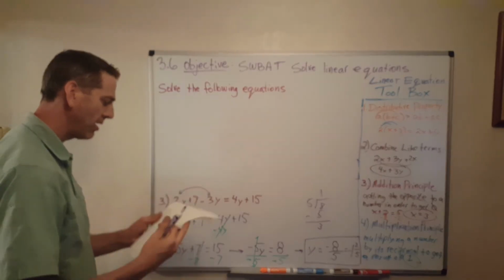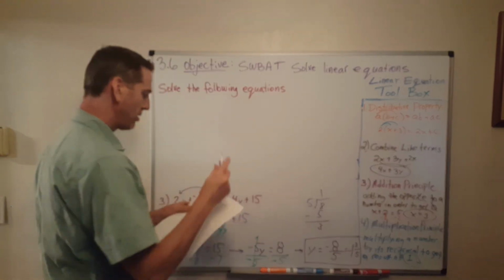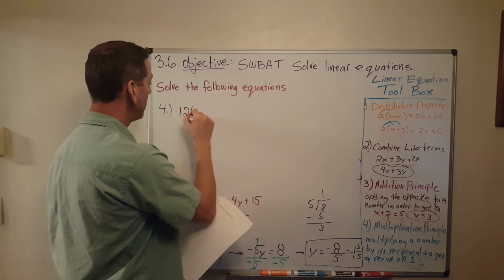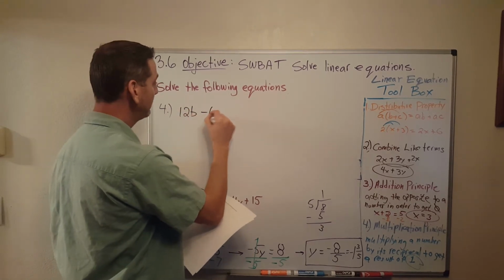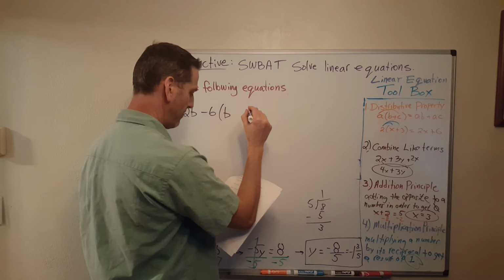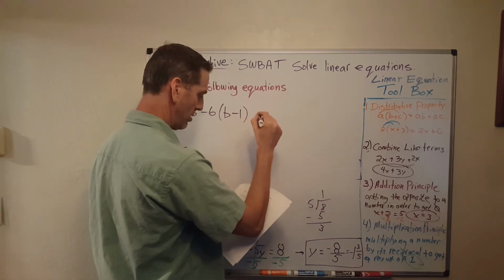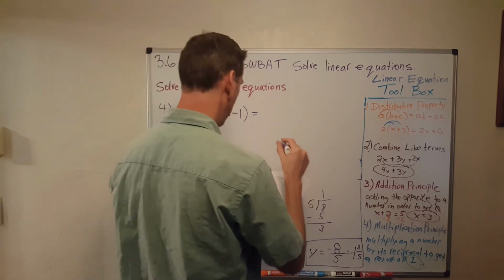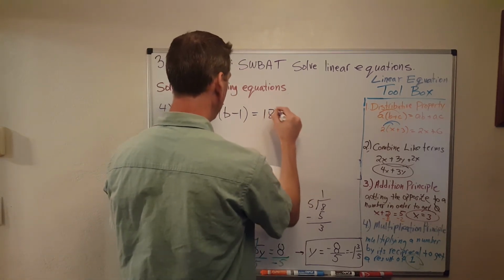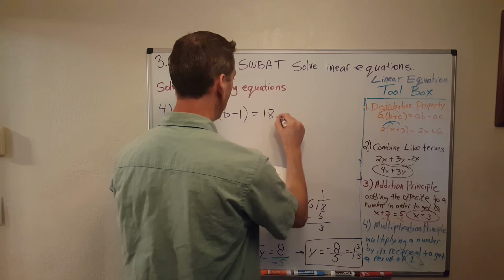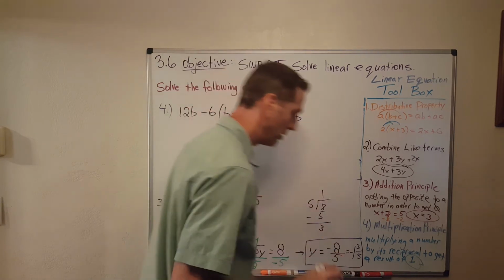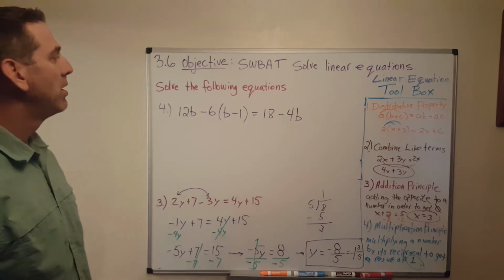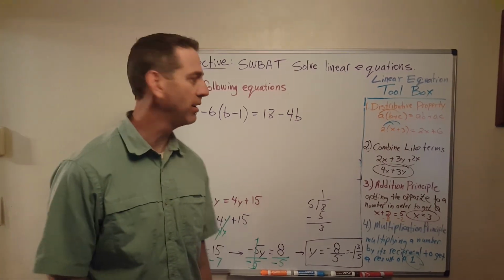What if I have number 4? 12b minus 6 times b minus 1 equals 18 minus 4b. All right. Oof, getting long and ugly there, isn't it?